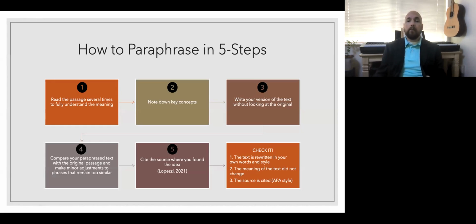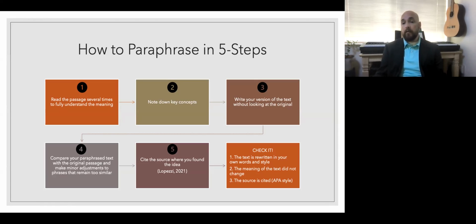Step number 1, read the passage several times to fully understand the meaning. This may just take you 2 or 3 times, but if it doesn't, just continue reading it a few more times. Now, step 2, take note of the key concepts. This could be key words in the sentence.